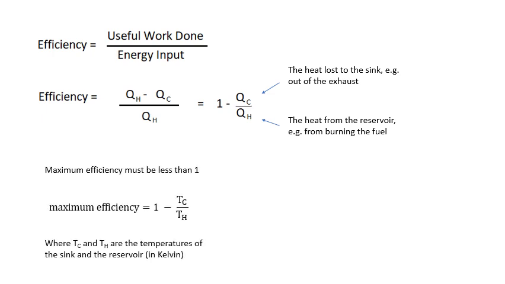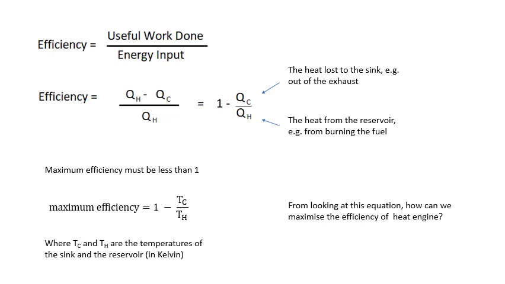So the maximum efficiency must be less than 1, and the maximum efficiency is 1 minus Tc over Th, where Tc is the temperature of the sink in Kelvin, Th is the temperature of the hot source, okay? I'm not talking hot sauce at Taco Bell, I'm talking where the heat energy is coming from, and that is our maximum efficiency. Don't forget, it's got to be in Kelvin.